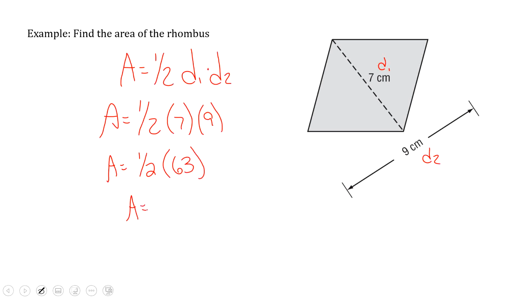So my area equals 31.5 centimeters. Does that make sense? Just multiply the diagonals together for rhombuses and kites, and then divide by 2.